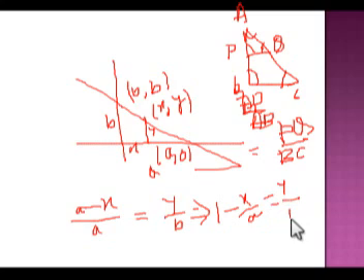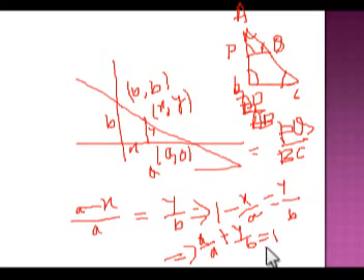So at last we conclude that x by a plus y by b is equal to 1. Two important relations I have obtained.